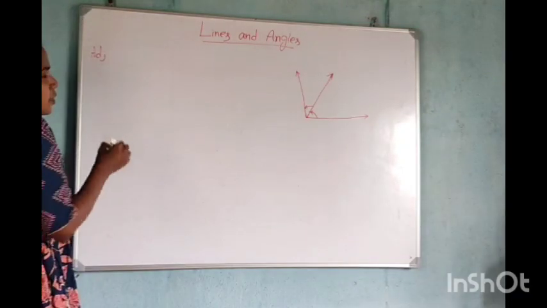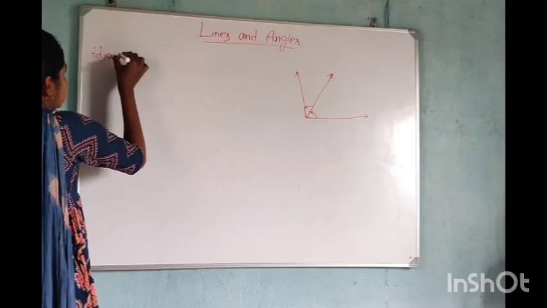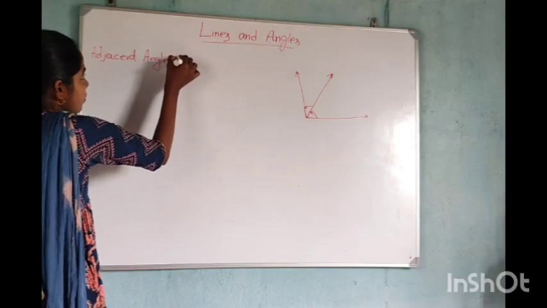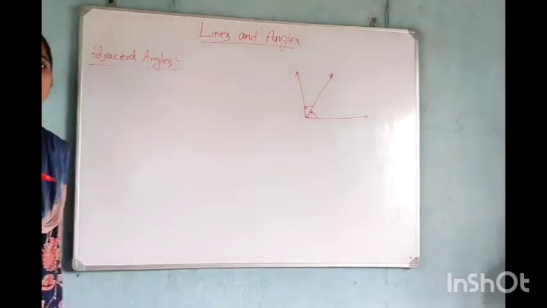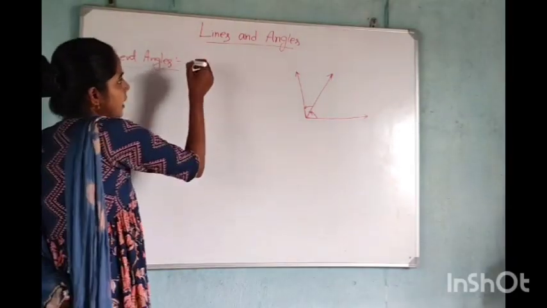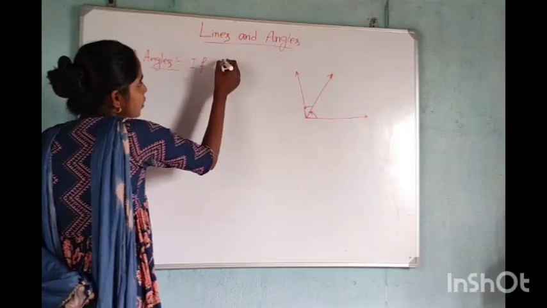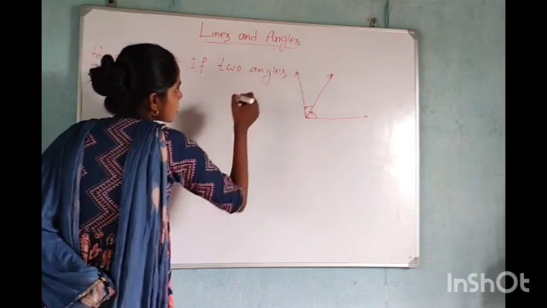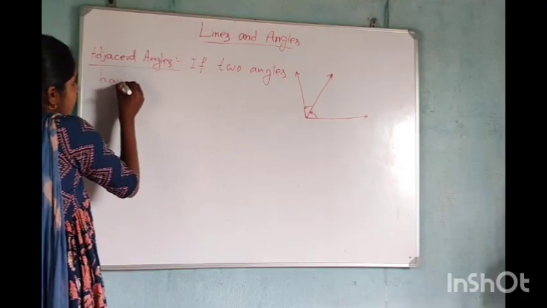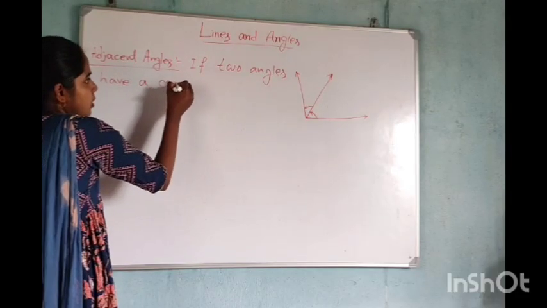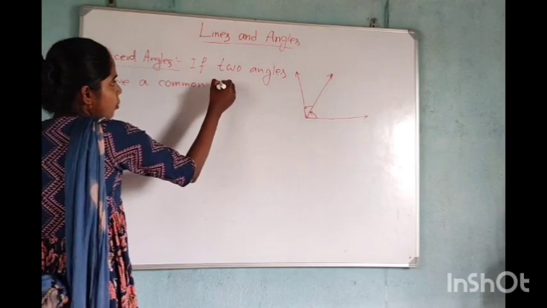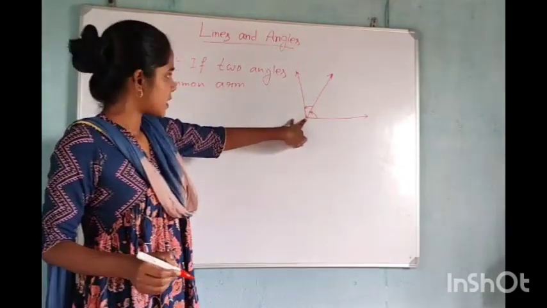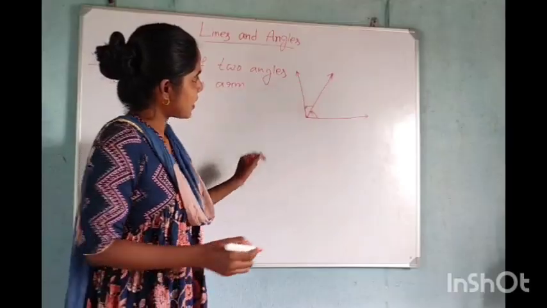Write down the definition of adjacent angles. So, write: if two angles have a common arm, in this figure you can see these two angles have a common arm.